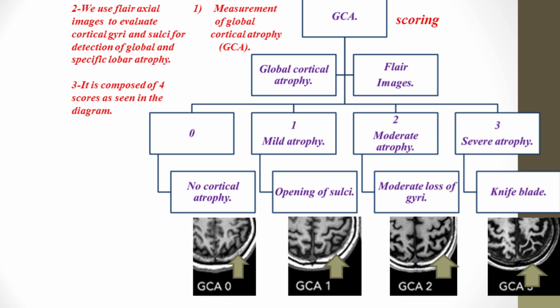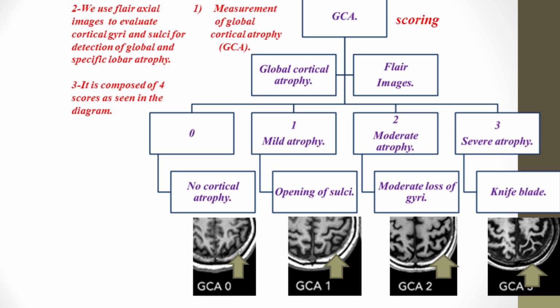Measurements of global cortical atrophy, GCA scoring. We use FLAIR axial images to evaluate cortical gyri and sulci for detection of global and specific lobar atrophy. It is composed of 4 scores as seen in the diagram.